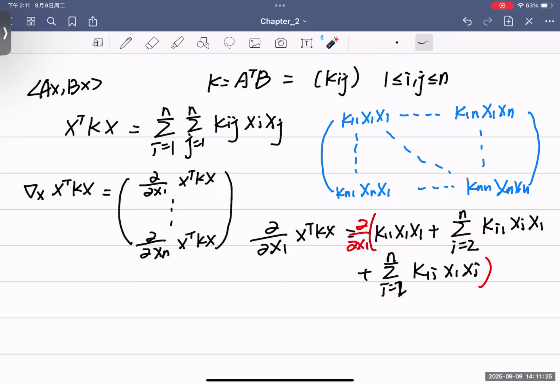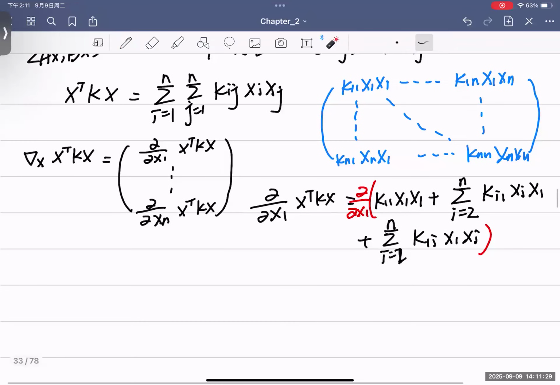You can definitely do this by yourself. The first one gives us 2 k11 x1, since it's x1 squared.